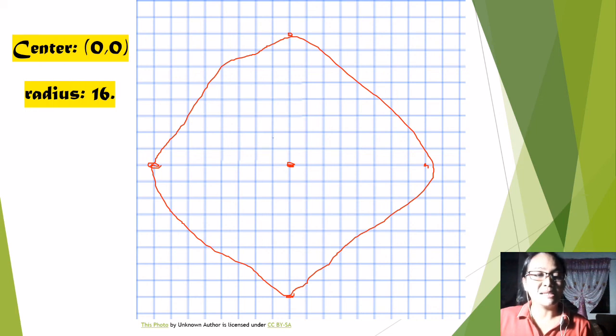So the center 0 and 0, radius is equal to 16. Okay, sorry guys, I cannot type it here anymore. Oh, anyways, ganyan ang pag-graph ng circle, given the center and the radius.